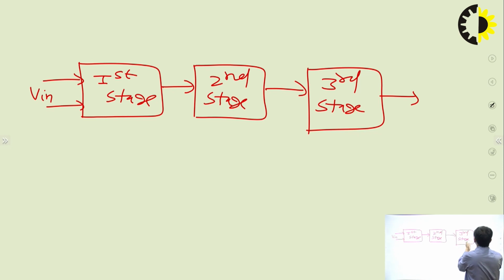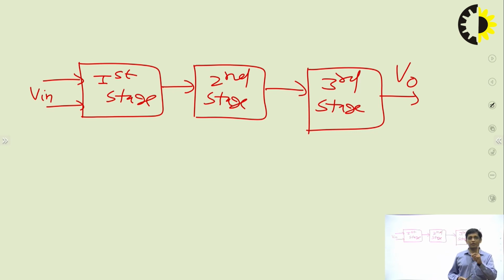Similarly, the output of the third stage can be connected to the input of the fourth stage. Let's consider 3-stage amplifier. Fine. So if it is 3-stage amplifier, V0 will be here. And this third stage, we can say this is the output stage because from the third stage we are taking the output. Fine.